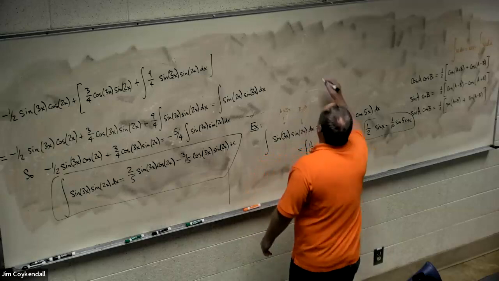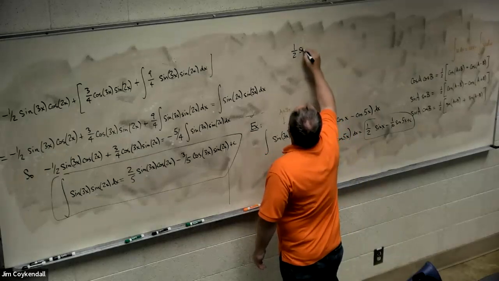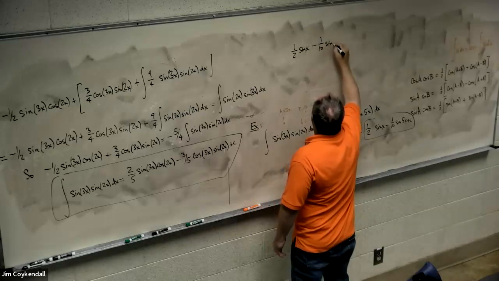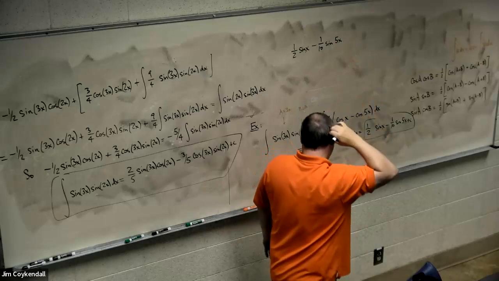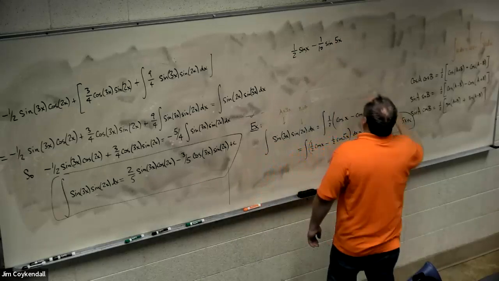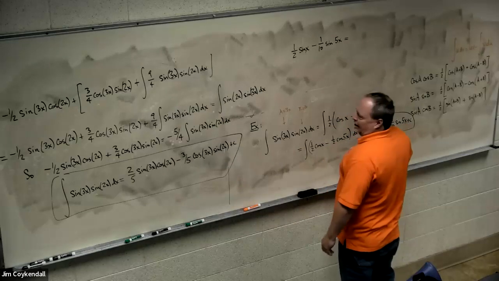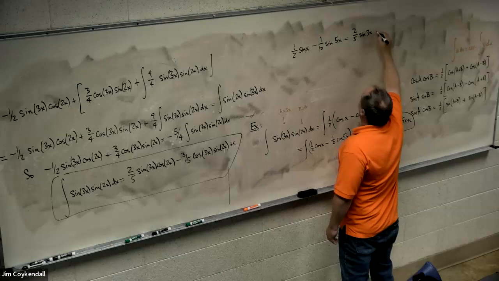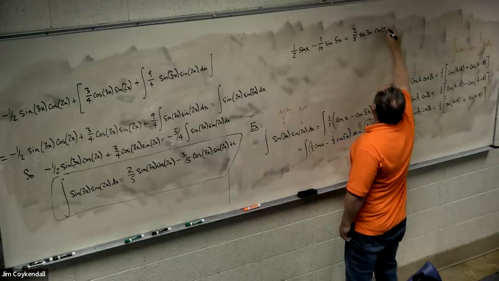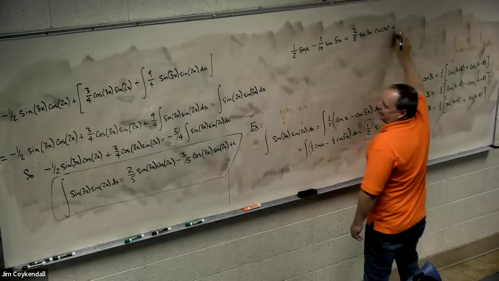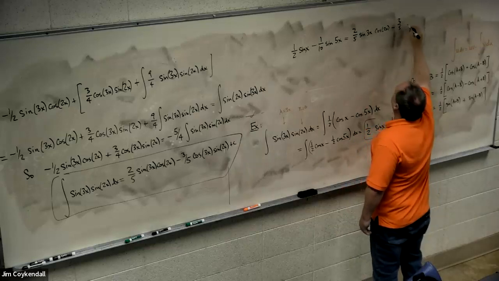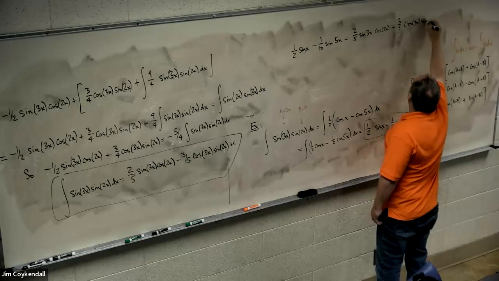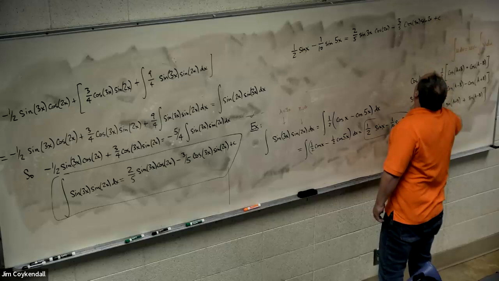So I have the following identity. 1/2 sine x minus 1/10 sine 5x is equal to 2/5 sine 3x cosine 2x minus 3/5 cosine 3x sine 2x plus a constant.